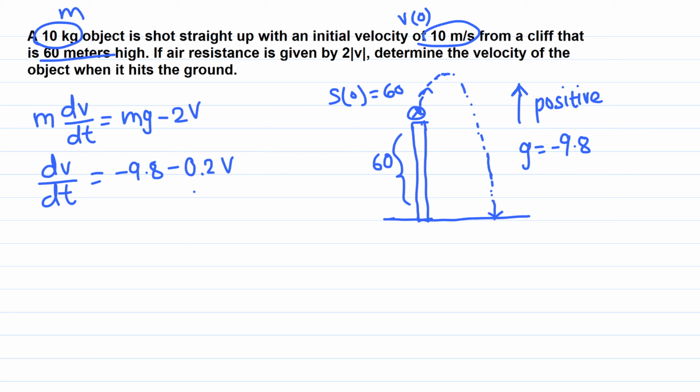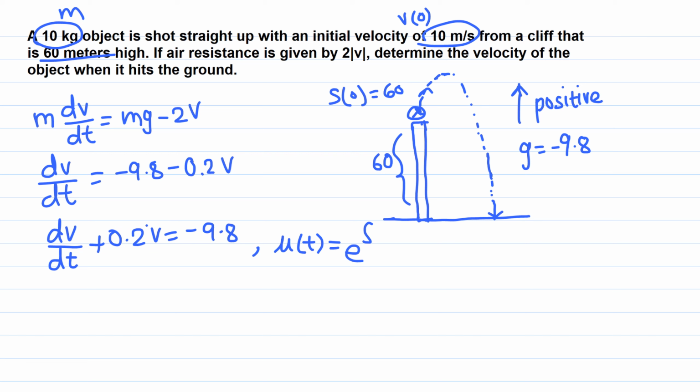This is separable, but let's make it linear so that it's easier, and it matches with other problems as well. So let's add 0.2 v to both sides, then we get dv over dt plus 0.2 v equals negative 9.8. Okay, linear. Now we can find the integrating factor mu, which is e raised to the integral of 0.2 dt, that is e raised to 0.2 t.